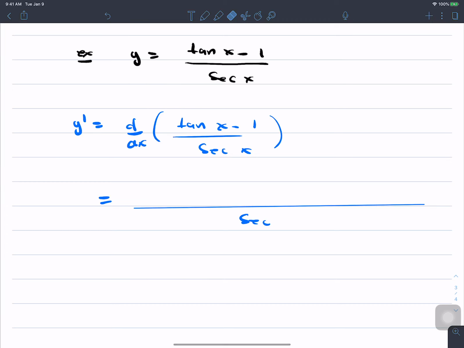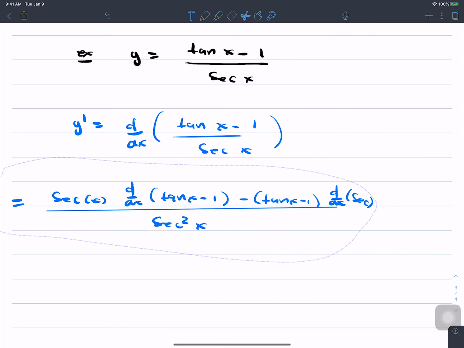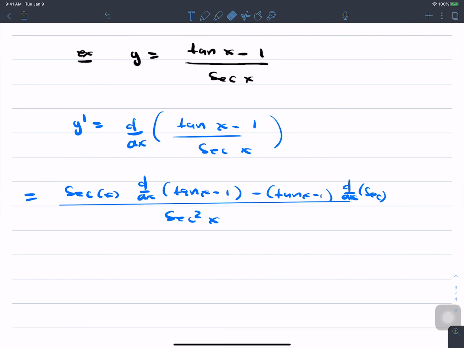And I actually started doing quotient rule. So secant squared x, secant x times the derivative of that numerator, tangent minus 1, minus tangent minus 1 times the derivative of secant. And I really hate when I run out of space. Anyway, let's clean that up. Secant.